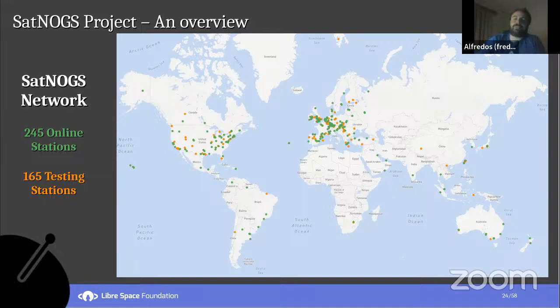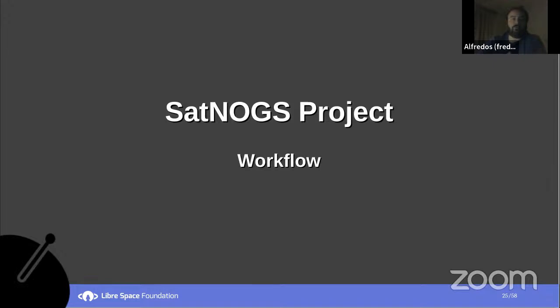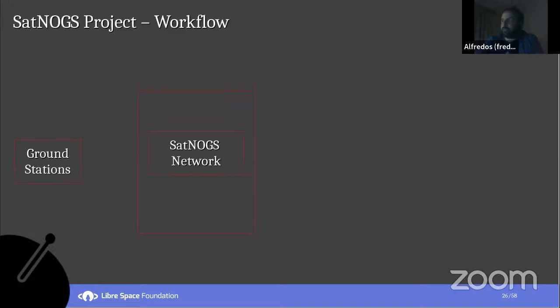So let's see what the workflow is in the SatNOGS project. We start with the ground stations and the SatNOGS network. Operators of the network schedule observations of satellites, and then the ground station asks the network, do I have a scheduled observation for me?